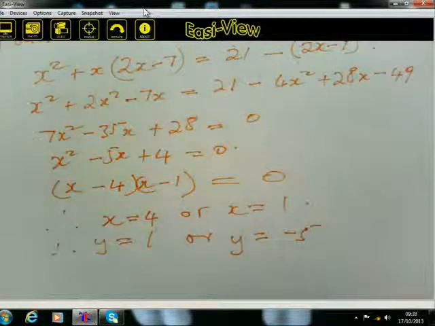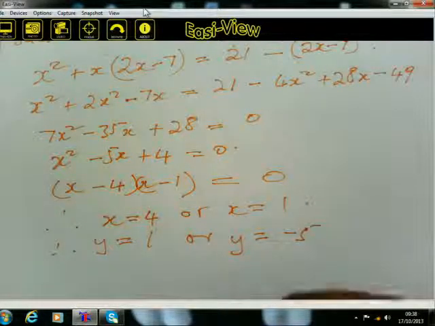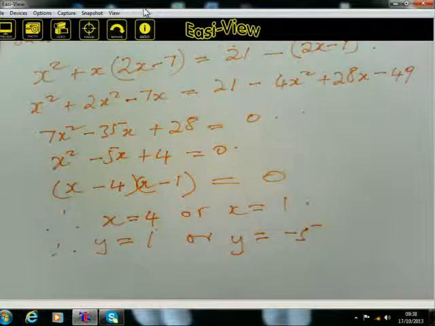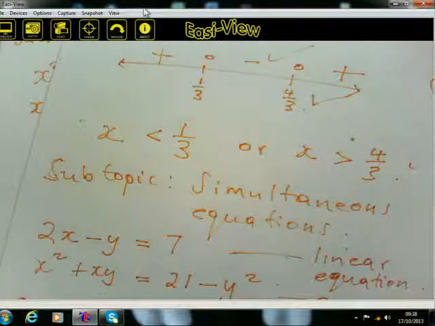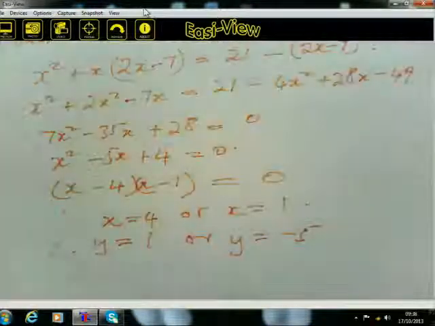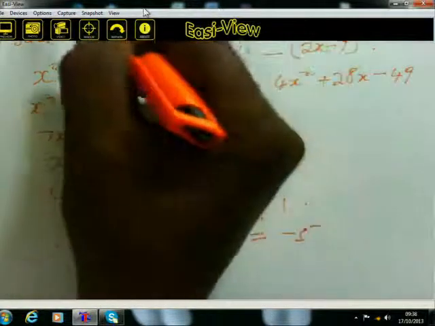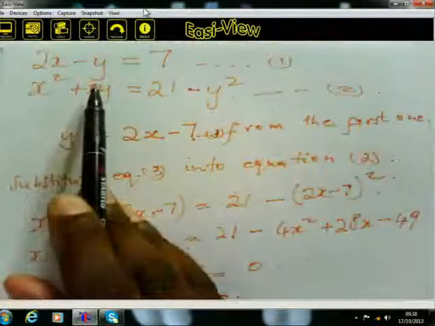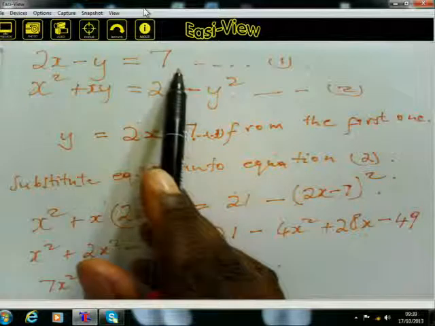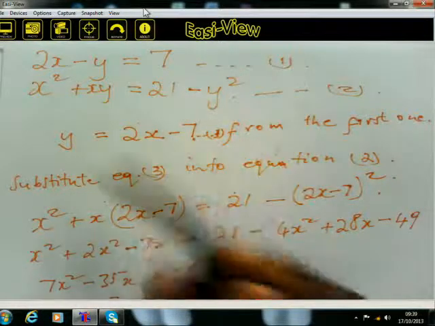As I said, this is a subtopic on its own of simultaneous equations. Now, in these simultaneous equations, you are going to be given one equation to be linear and the other one to be quadratic. Now, if we look at this one, 2x minus y, which is equal to 7, is a linear equation.